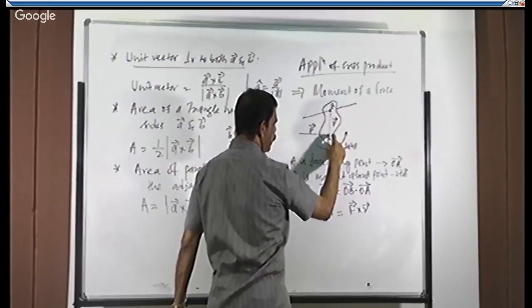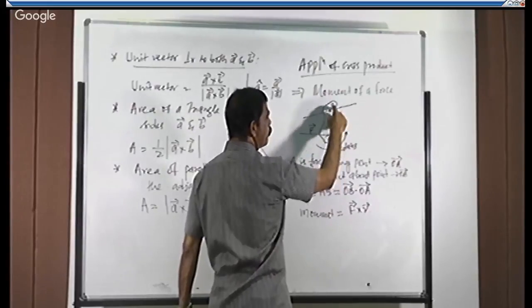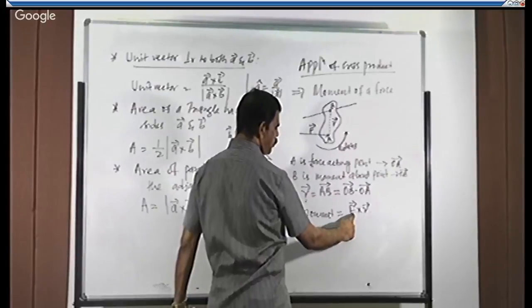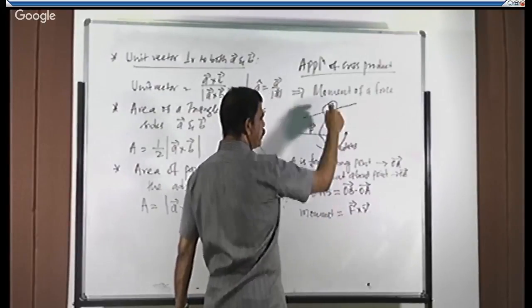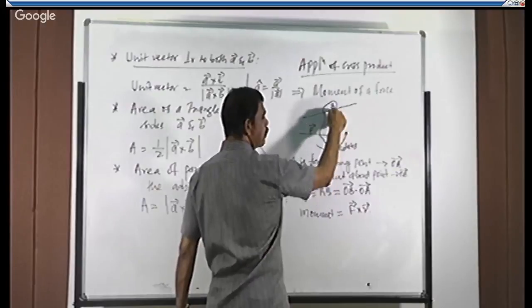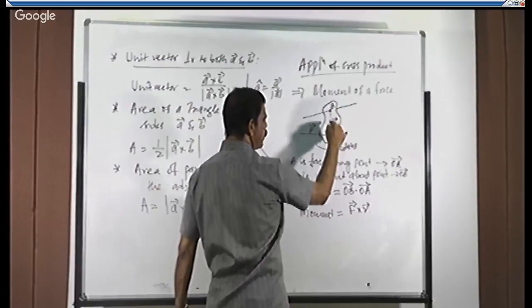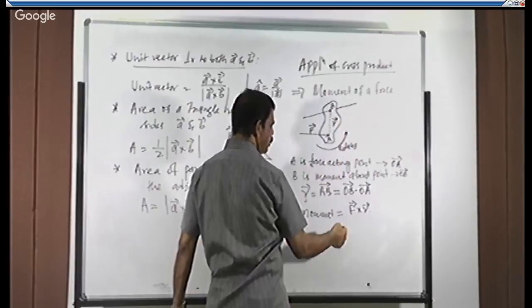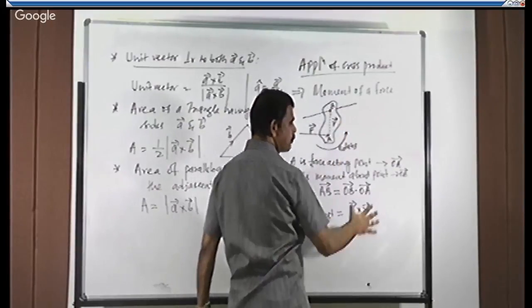If you take from A to B, force acting point to about point, this will be the formula: moment is equal to F cross R. Suppose I take BA as R, B is initial, A is end. In that case, moment becomes R cross F.